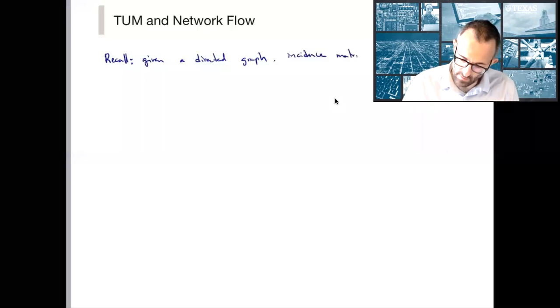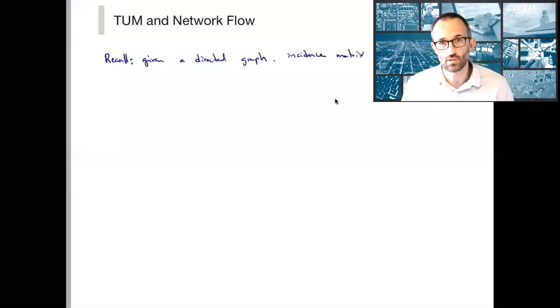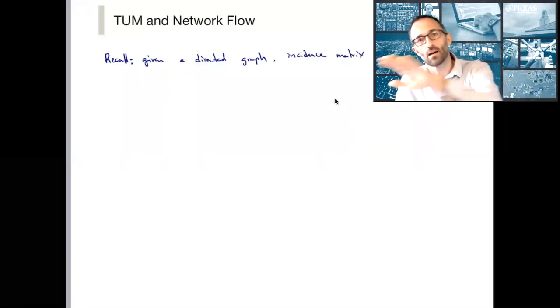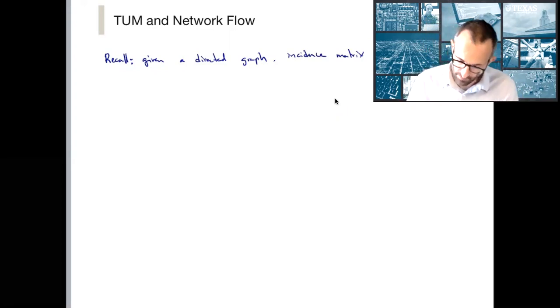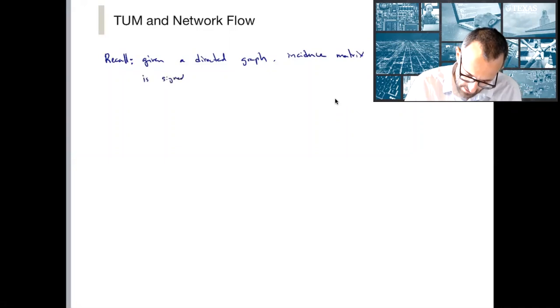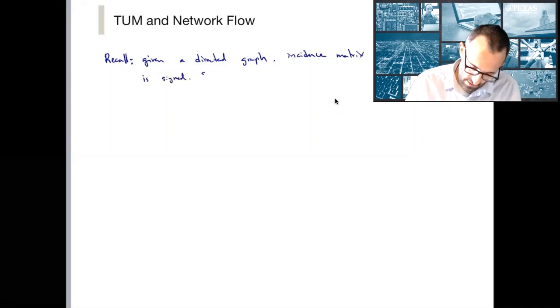When I say the incidence matrix, this is just the matrix that has nodes as rows and edges as columns, but now we need to keep track of the direction, and we do this by having a matrix that has plus and minus ones. So the incidence matrix is signed, which means it has -1, zeros, and +1.